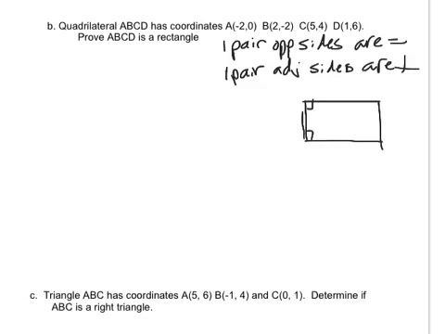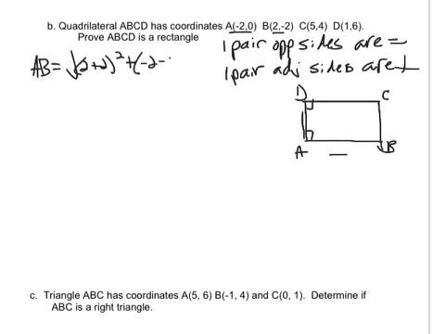So I'm going to use the distance formula, A, B, C, D. However you label it, I'm going to show that AB and CD are going to be equal. For AB, you use the distance formula between A and B, and that's going to be 2 minus a negative 2 squared plus negative 2 minus 0 squared.